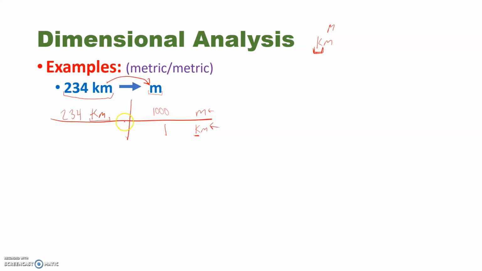Once I'm done here, you multiply across the top and divide across the bottom. Dividing by 1 doesn't do anything, so if I were typing this into my calculator, I'd do 234 times 1,000, which equals 234,000.